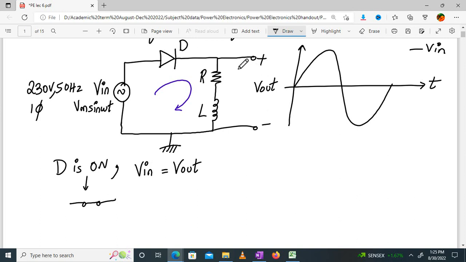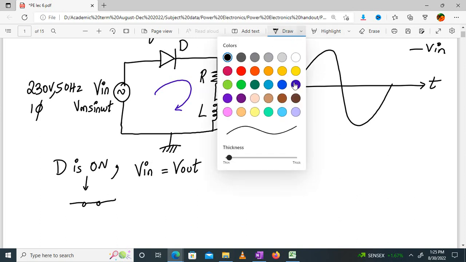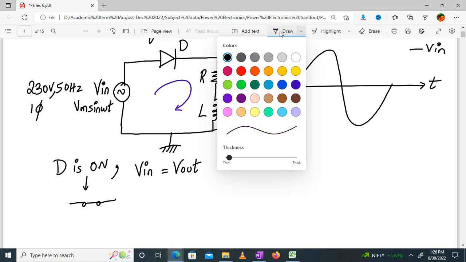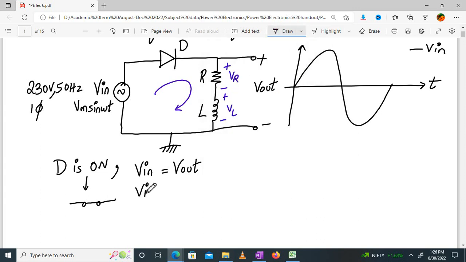Now what is my Vout? My Vout is a combination of two voltages, VR and VL. Agree? They are in series, right? So voltages will add. So I can write in the next step, Vin is equal to VR plus VL.